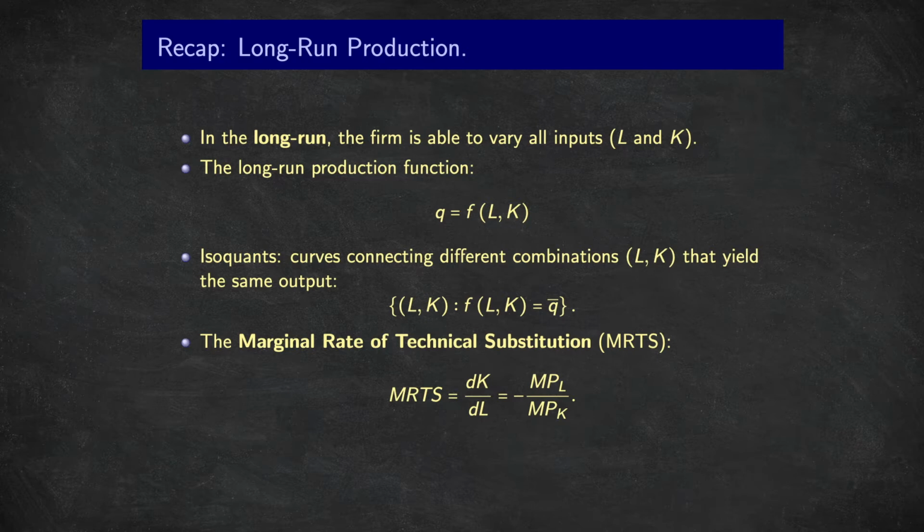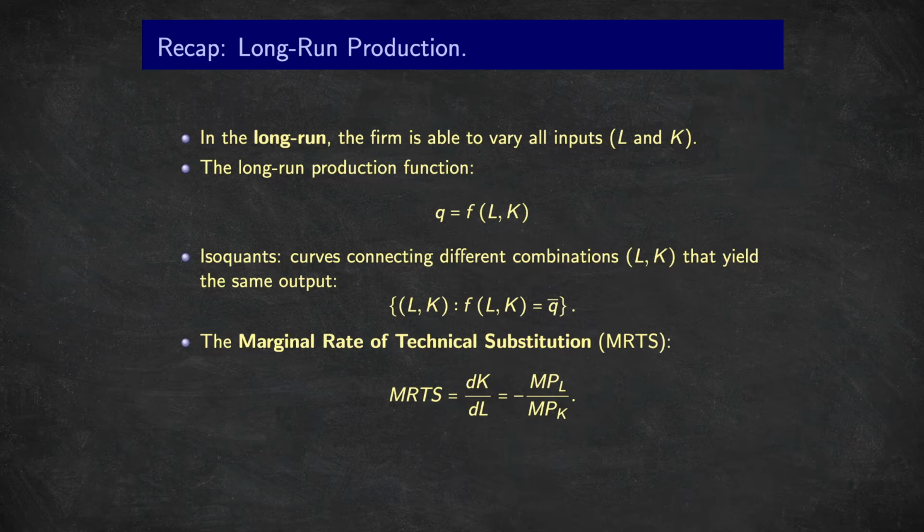Of course, if we use different combinations of L and K, it may be the case that the same amount of output is produced. So we could lower the level of labour and increase the level of capital in our factor combination and still produce the same amount. To represent this diagrammatically, we use the notion of an isoquant.